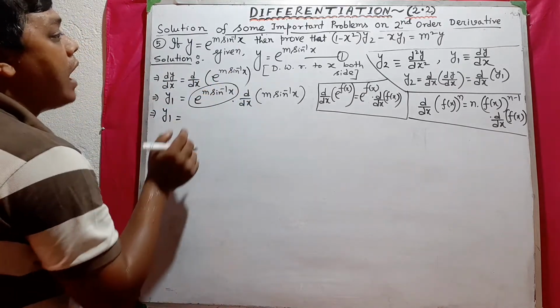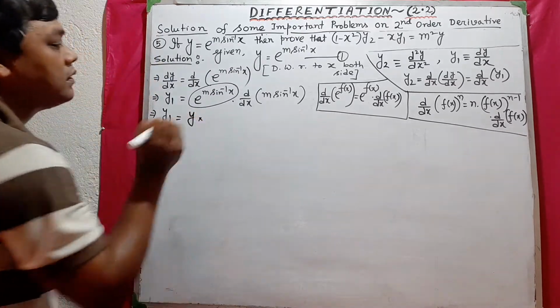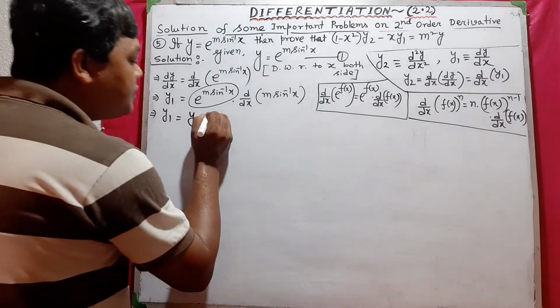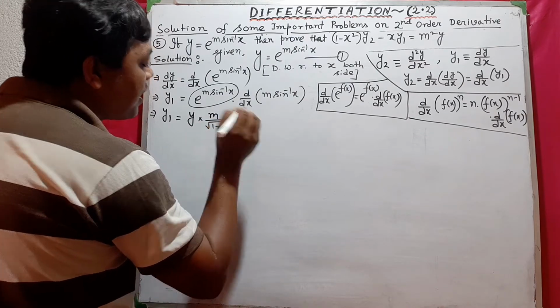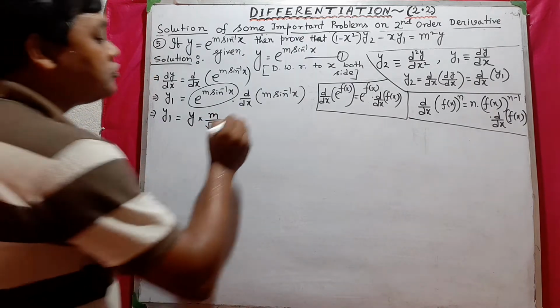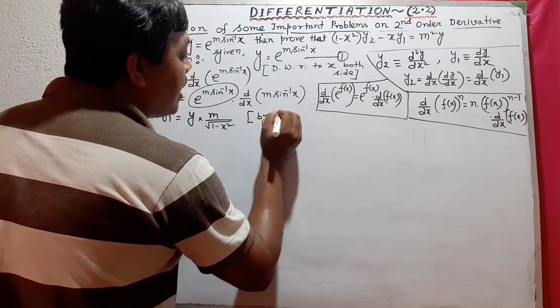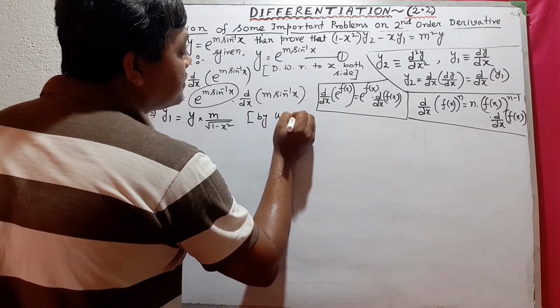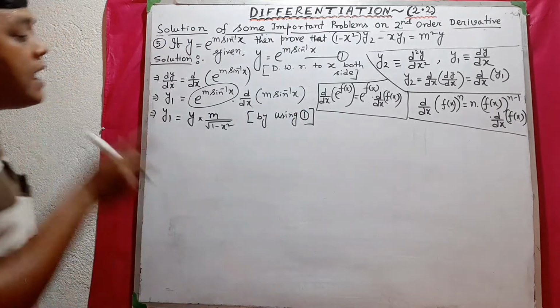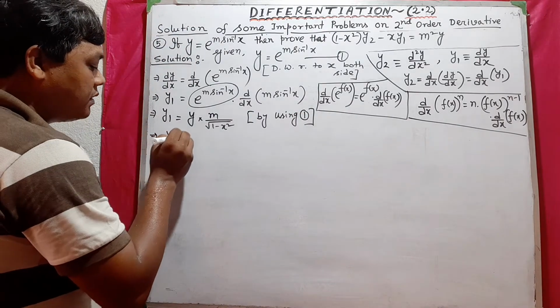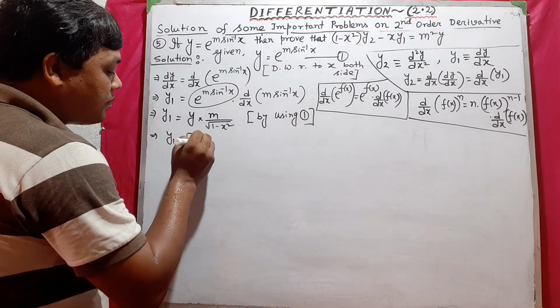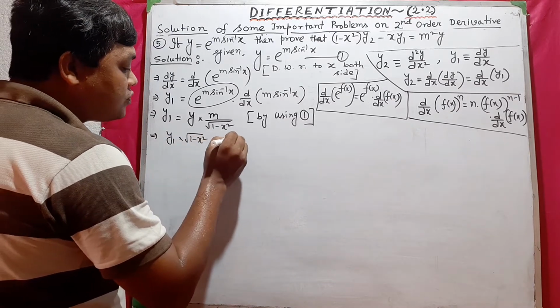That is y. And m into the derivative of sin inverse x, 1 by square root of 1 minus x square. Okay? And you also write down here by using equation 1. এই জায়গাগুলো একটু মনে রাখো। So y1 into square root of 1 minus x square equals m into y.